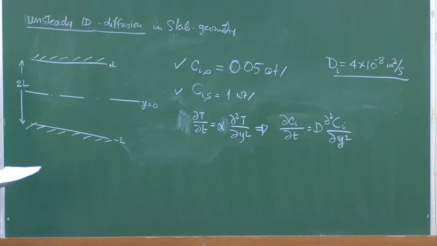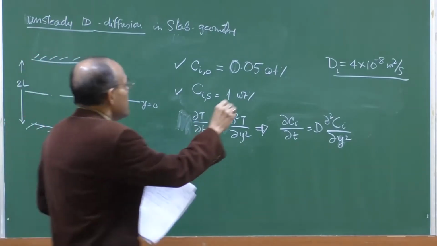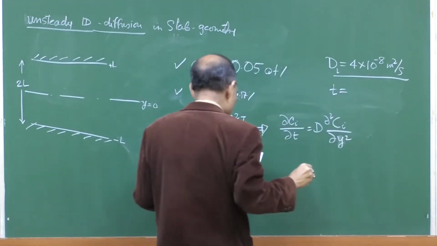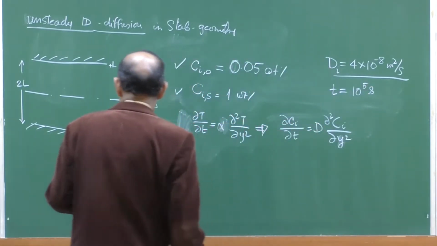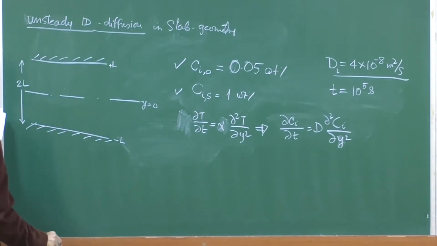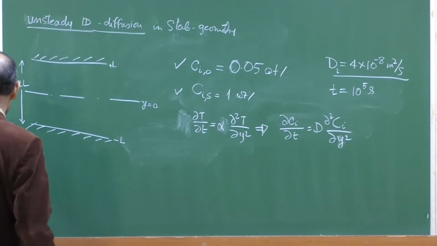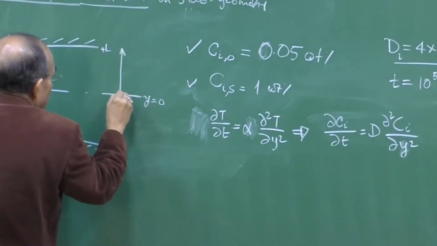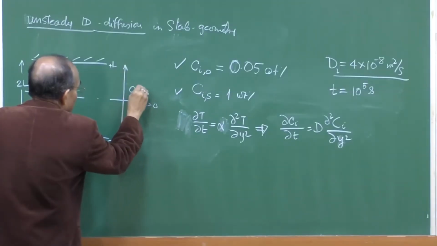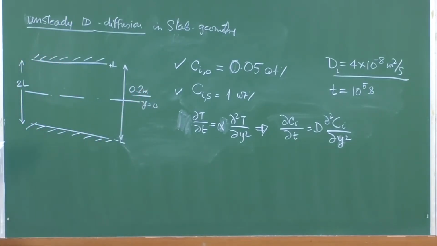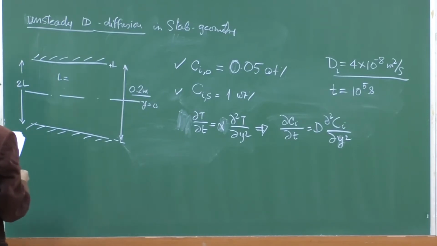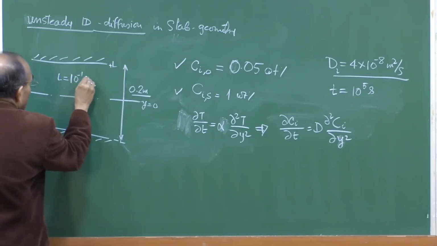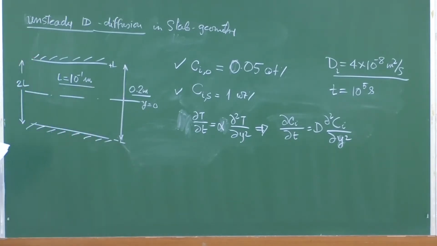Okay? And I want to calculate at time t is equal to 10 to the power 5 seconds. And this 2L is 0.2 meter, which essentially means that L is equal to 0.1 meter, that is what it is.